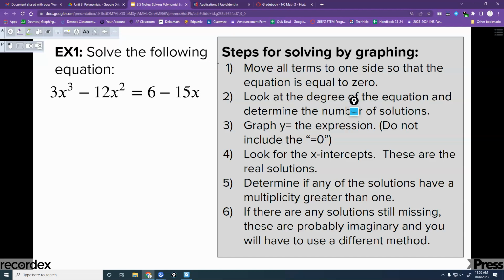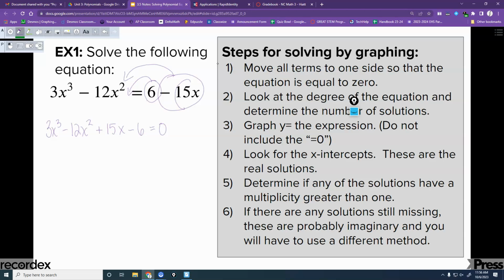So remember that when you move something to the other side of the equation, what do you have to do to the sign? We have to change it, right? So it's going to be 3x cubed minus 12x squared. I like to keep this in descending order, so I'm going to put my positive 15x minus 6 equals 0. Because all we did there is subtract 6 over to the other side and add 15x over to the other side.